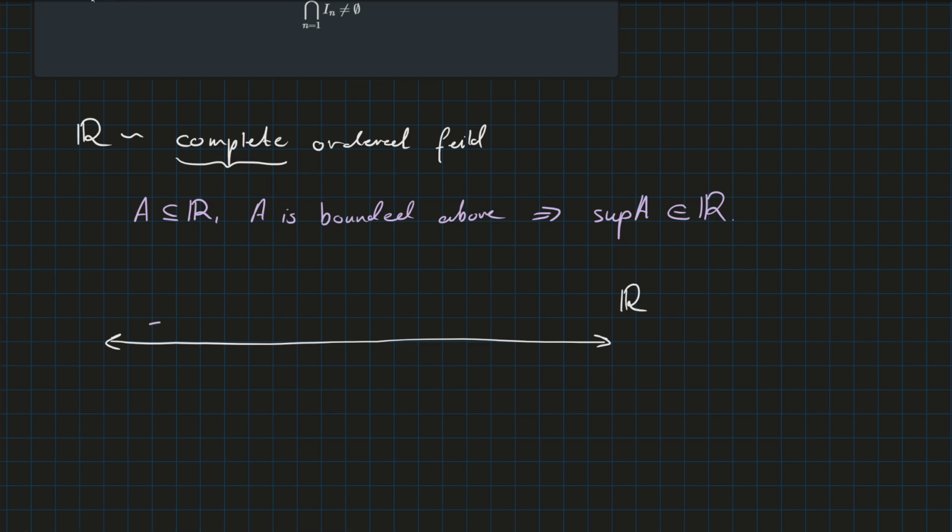So let's say my first interval, I1, goes from A1 to B1. And then the next interval is nested within it, so we have some A2 up until B2, and so on, all the way up until some arbitrary An, until Bn, and it keeps going.